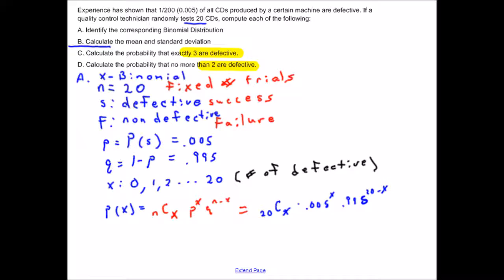For part B there, the mean and the standard deviation. The mean. Same notation as before, mu, because it is population. Mean, remember, is like an expected value.